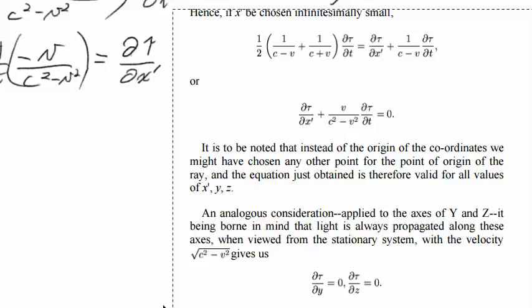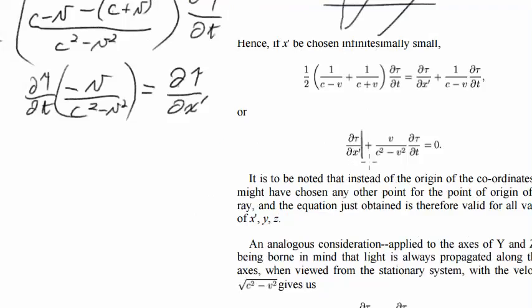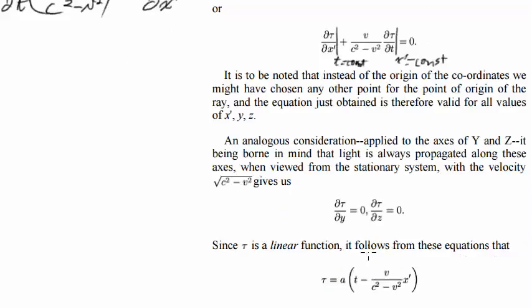So we can see what these partial derivatives indicate is that here t is constant, and here x prime is constant. It follows from these equations, he says, that tau equals a, that's an undetermined constant, I think, t minus v over c squared minus v squared x prime.